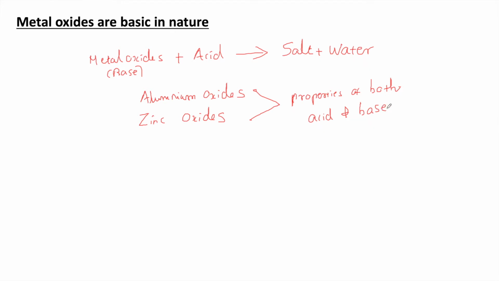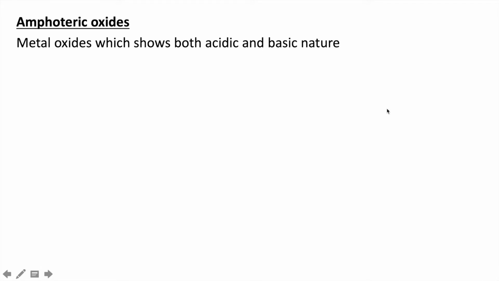That's why aluminium and zinc oxides are known as amphoteric oxides. Amphoteric oxides means metal oxides which show both acidic and basic nature.